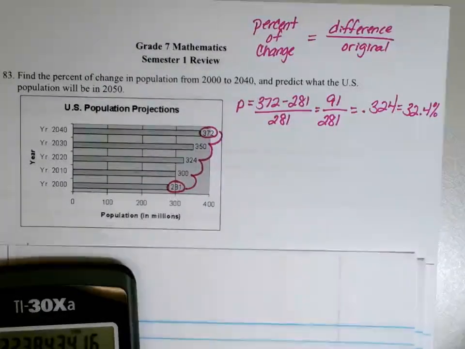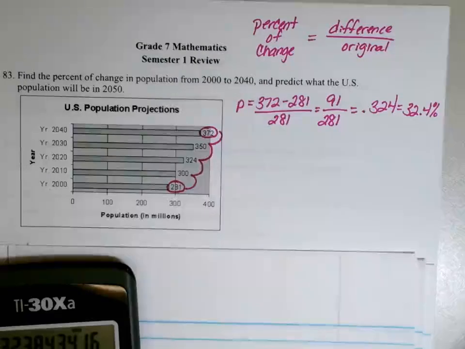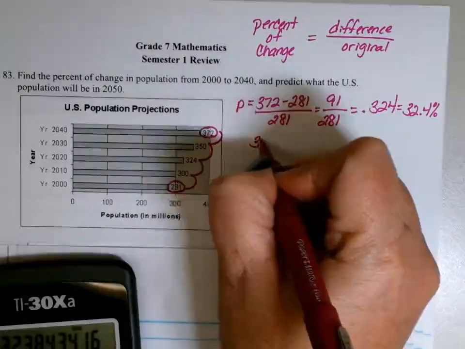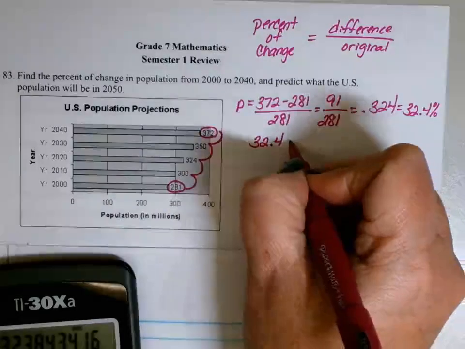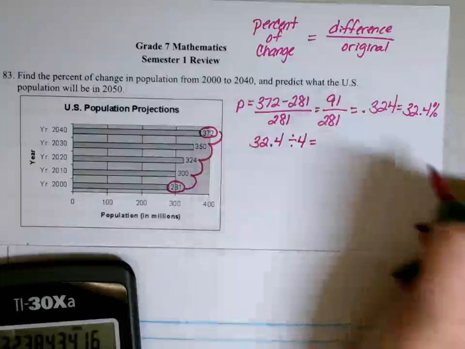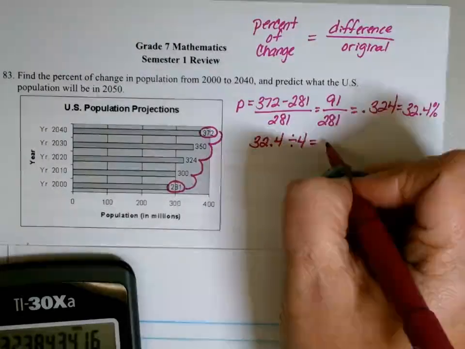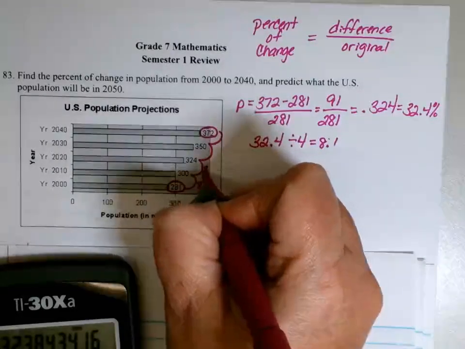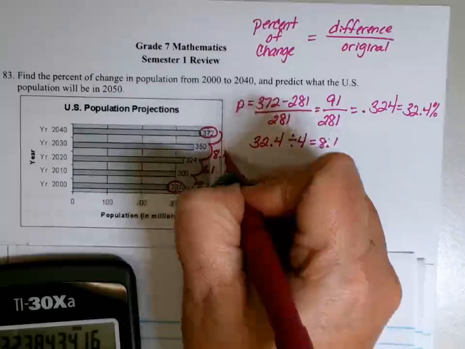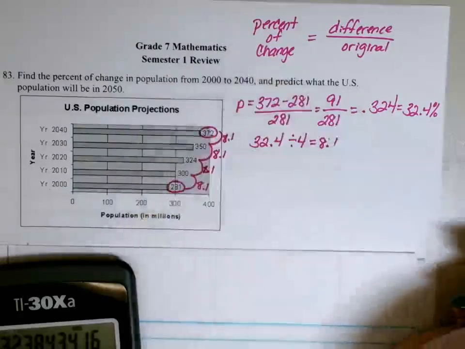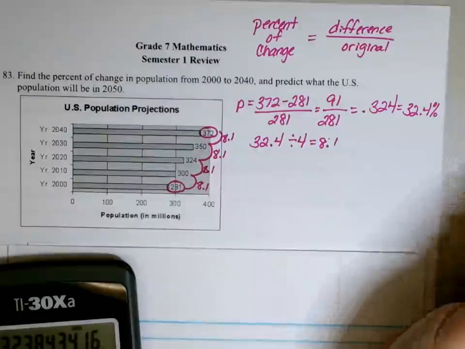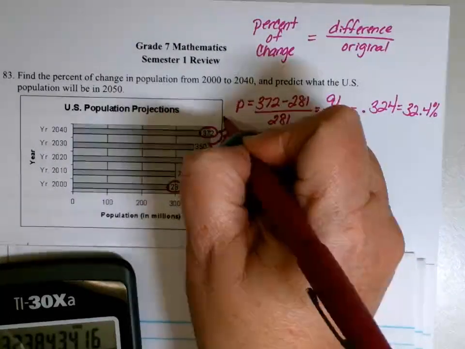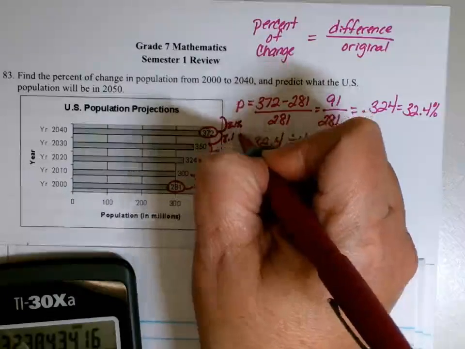How would I figure that out? 32.4% divided by 4, which gives me what? 8.1. So this was an 8.1% change. This was 8.1%. This is 8.1%. So is it safe to assume that from 2040 to 2050 we'll have another 8.1% change?